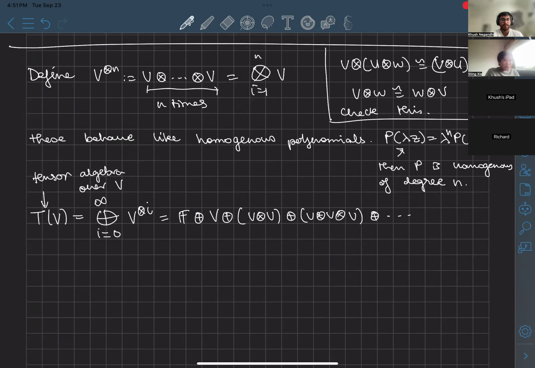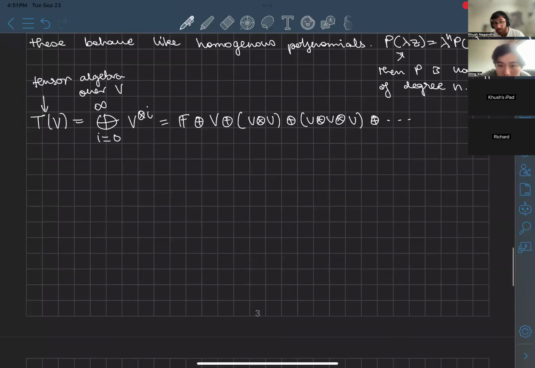Okay. So now we can talk about more algebras from the tensor algebra. Have you heard of the symmetrizer and the anti-symmetrizer, maybe in quantum mechanics? You might not have yet.